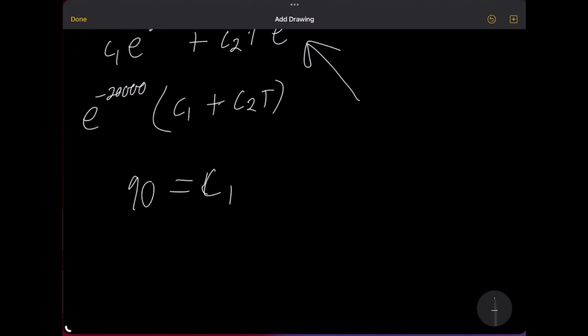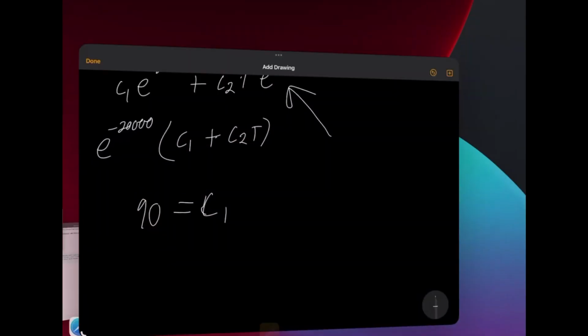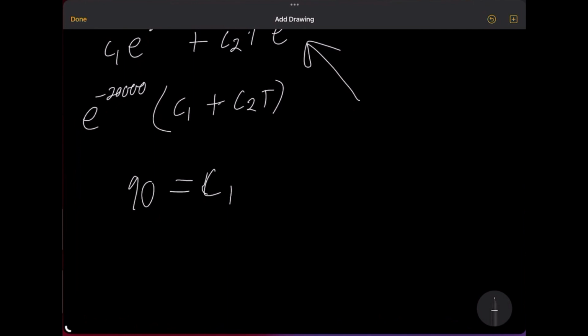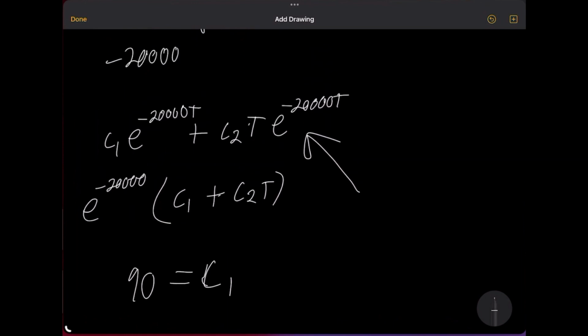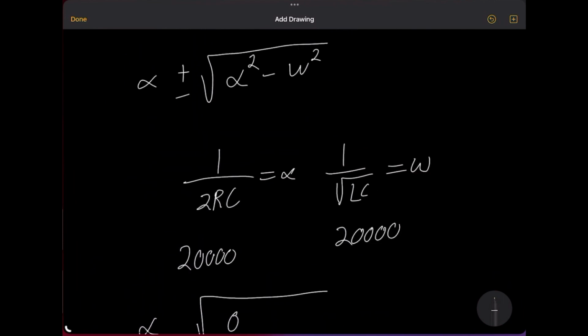And that alone would give us part of the answer, but we need to find C2. Since we found C1, we now need to solve for C2. To get C2, we need the derivative of our function v of t.